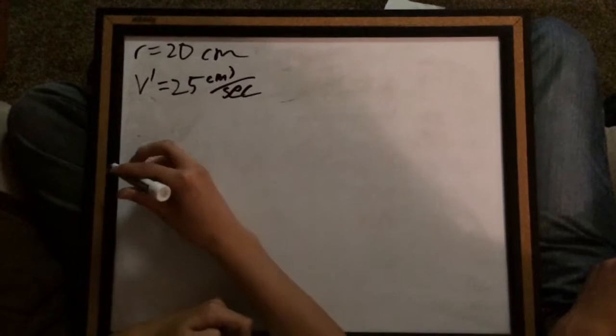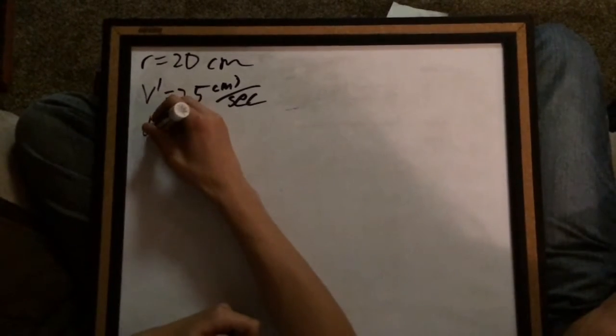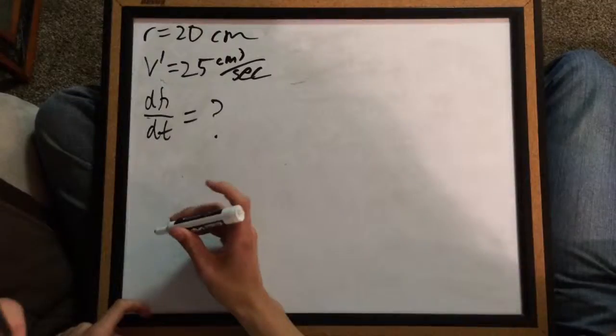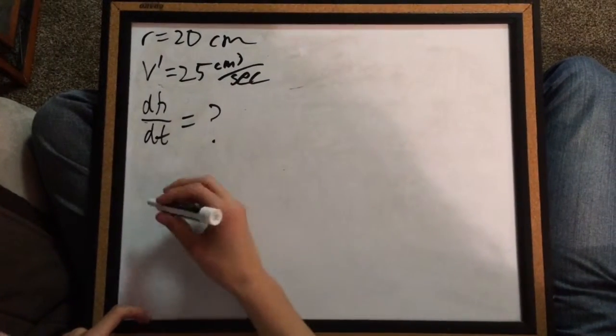Now we got to find out the rate at which the height is changing, which can be represented by dH over dt. Now we got to find an equation that fits this given situation.